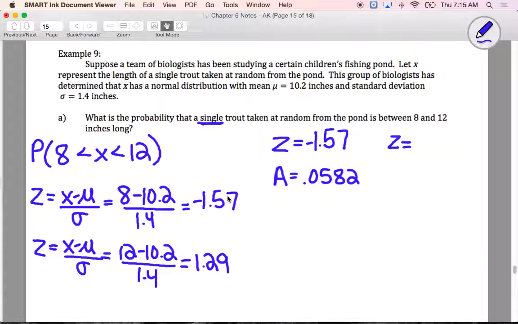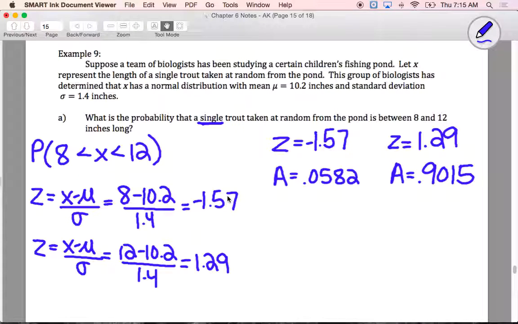Next, look at your table. You want 1.29. So go to the 1.2, and then you want to go to the 0.09 column. So when I have 1.29, that area should be 0.9015.